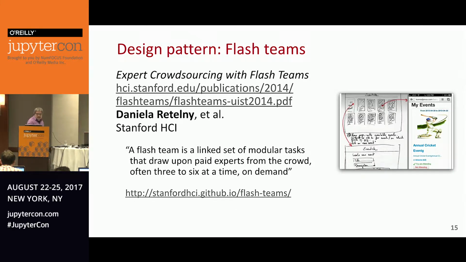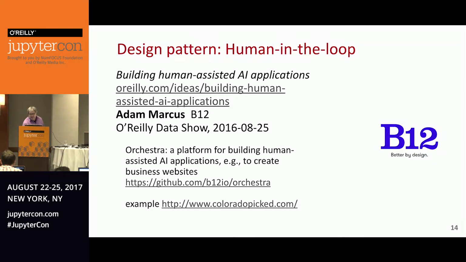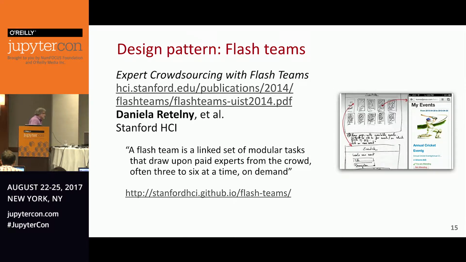Along with that, Adam Marcus also talks about another project called Flash Teams. Anybody run across Flash Teams yet? It's sort of like something above crowdsourcing, above Mechanical Turk. As I understand, this is out of Stanford. I've talked with people at Accenture who are helping to fund this research at Stanford HCI.